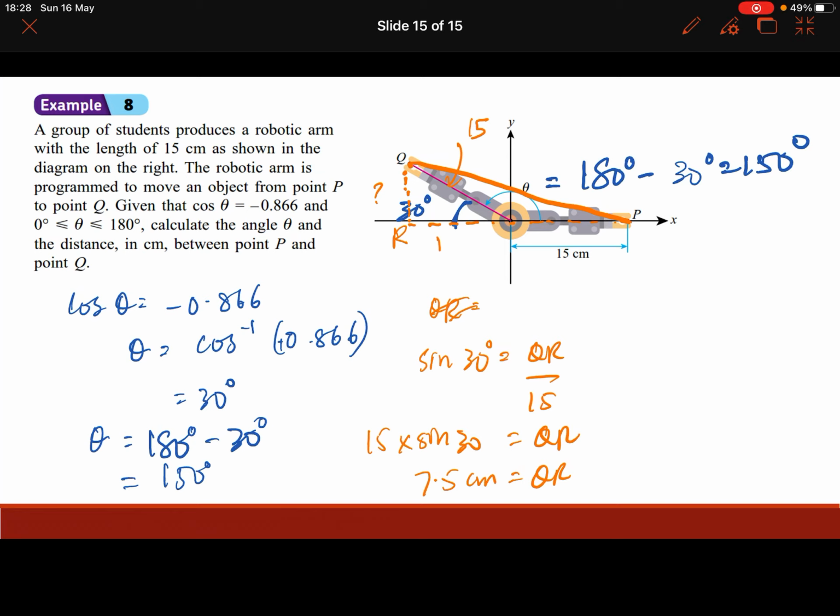And the OR, where O stands for the origin, so OR is the adjacent.